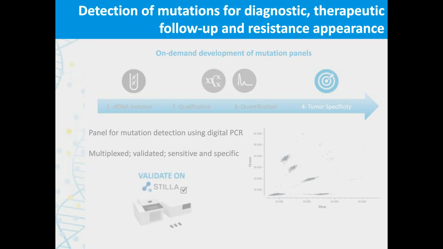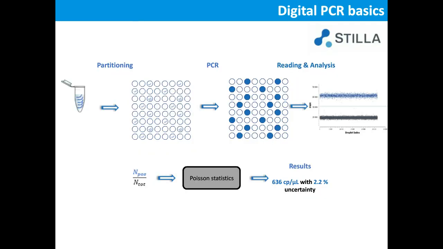Now I'll try to go further into the multiplex digital PCR, but before going to the assay that we developed, I would like to make some reminders about digital PCRs. The idea of digital PCR is to transform a one-way reaction of PCR into thousands of PCR reactions.